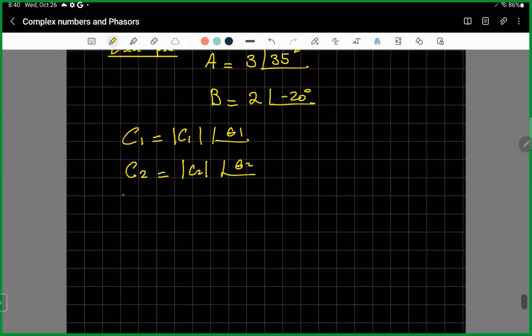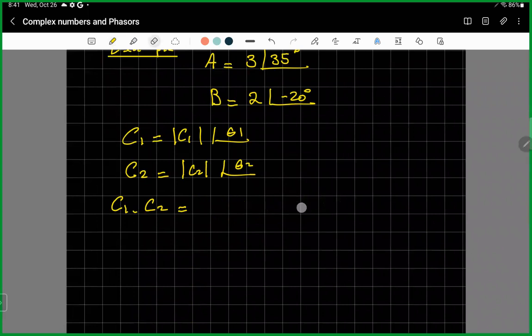And you want to multiply C1 times C2. What will you do? Multiply the magnitudes, add the angles. Why?